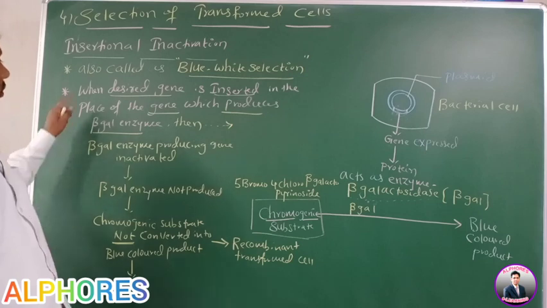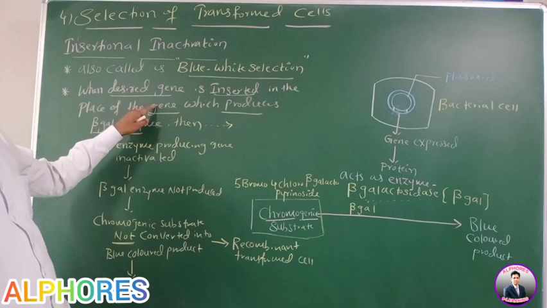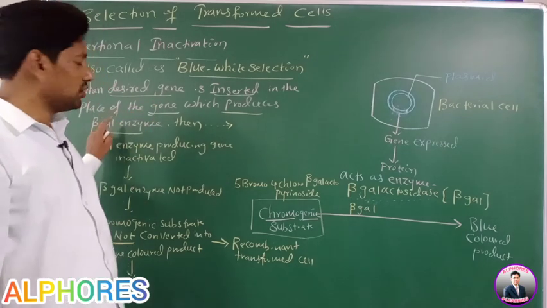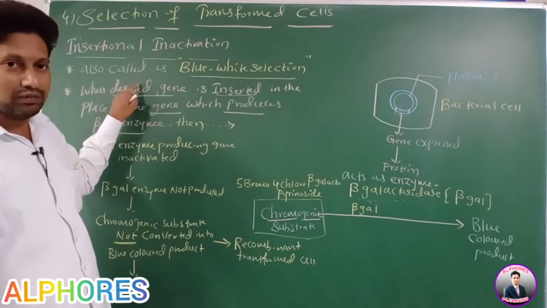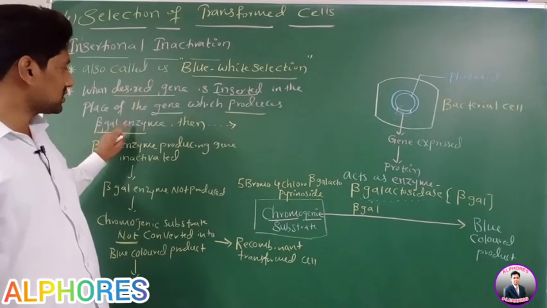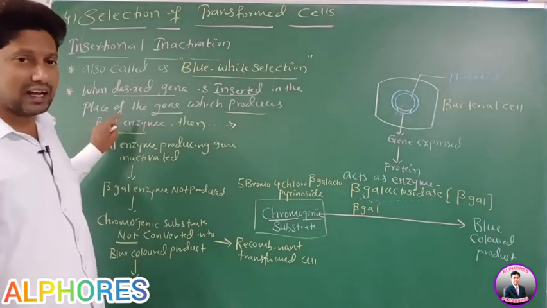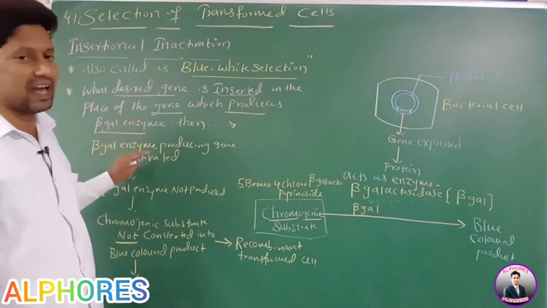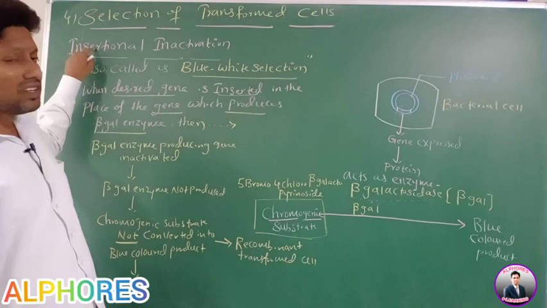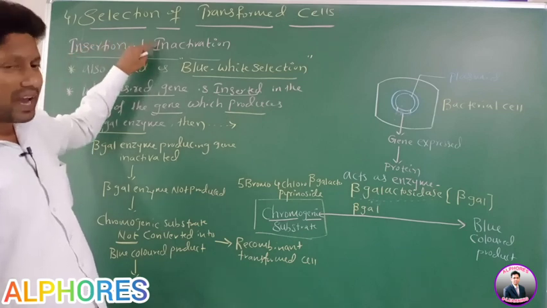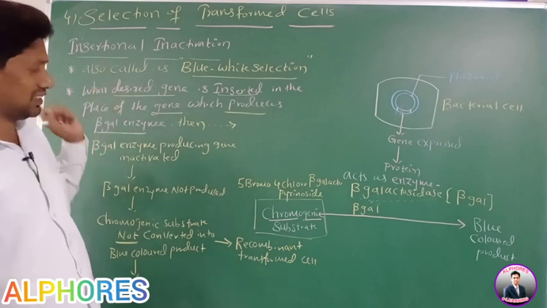Okay, right? Therefore, sir, we inserted a desired gene, where? In the place of the gene which produces beta galactosidase enzyme. When we inserted the desired gene in the place of the gene which produces beta galactosidase enzyme, then the beta galactosidase enzyme producing gene is inactivated. So we are naming this process insertional inactivation. What is inserted? Desired gene. What is inactivated? The gene which produces beta galactosidase enzyme was inactivated.